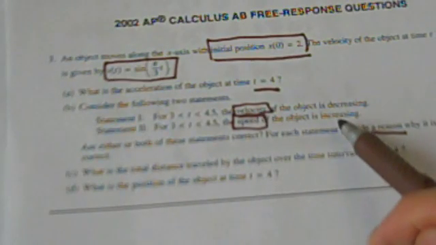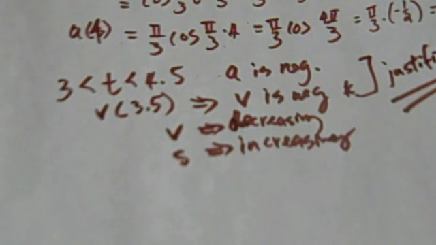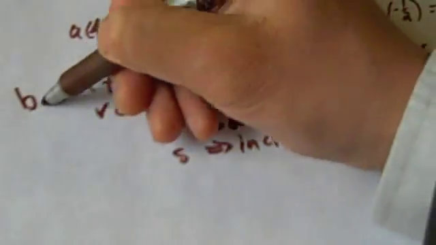It is true. Speed is increasing. Is that true? It is true. So this becomes our justification. You can simply put that down and you can say they're both correct. Both 1 and 2 are correct. Okay? So that's our part B.